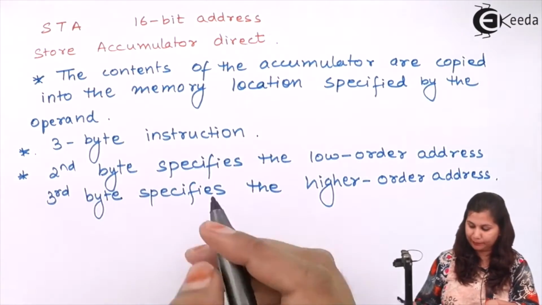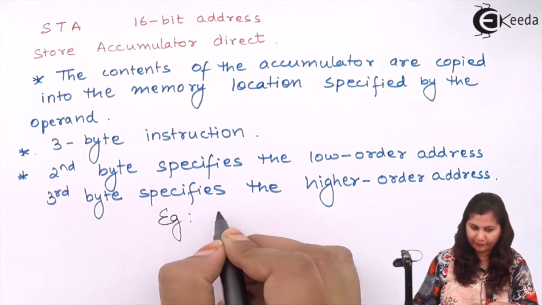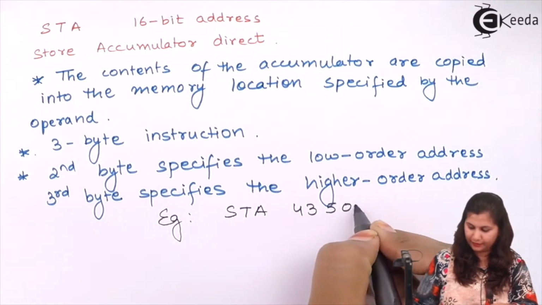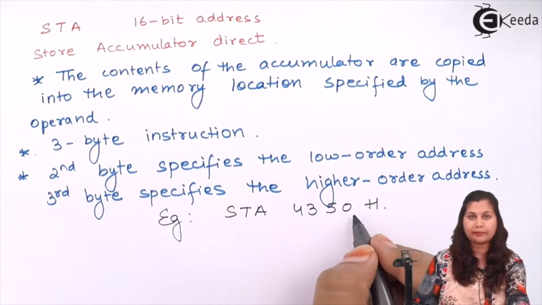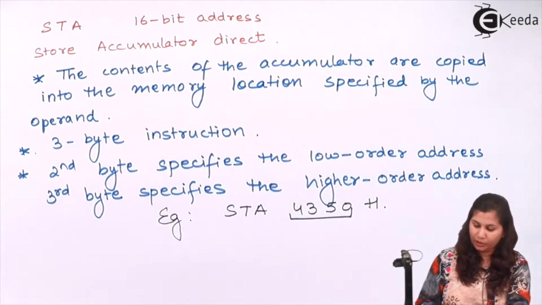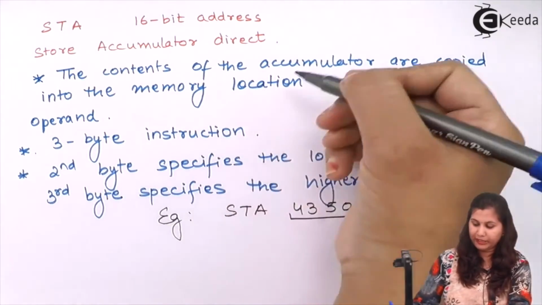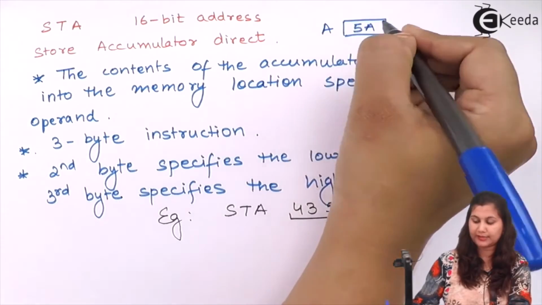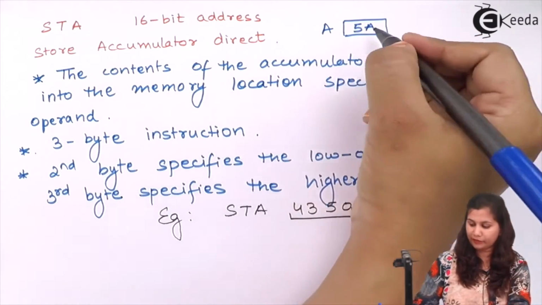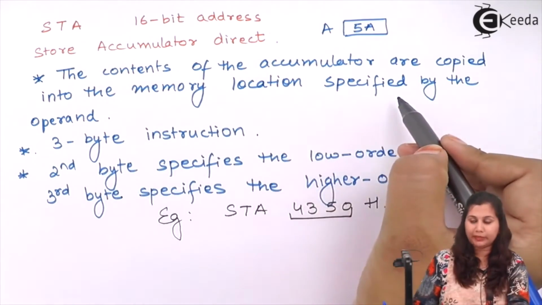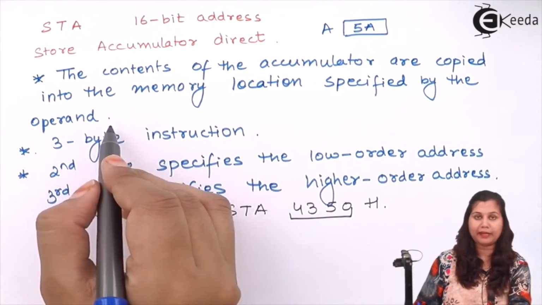Let's take an example. We have STA 4350H. This is a memory location 4350. So the contents of the accumulator, suppose accumulator is having 5A, this is a number. So this number will be copied into the memory location which is specified by the operand.